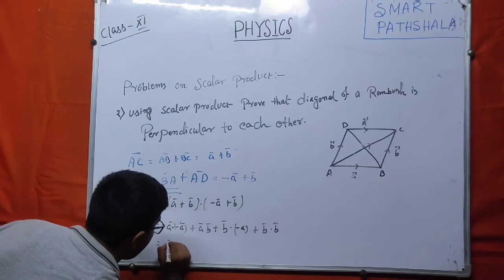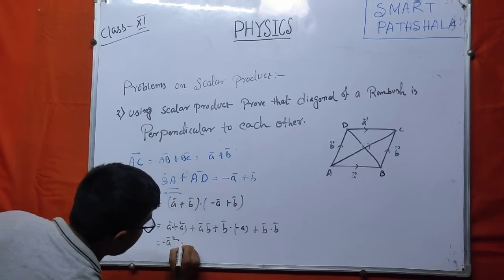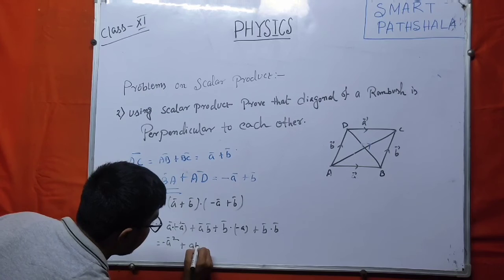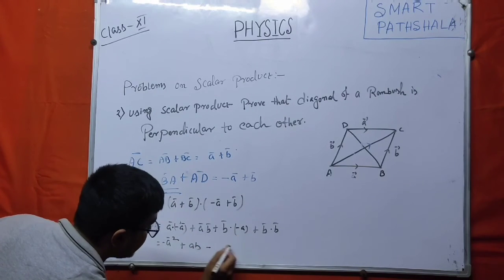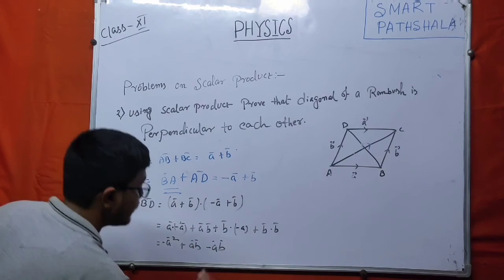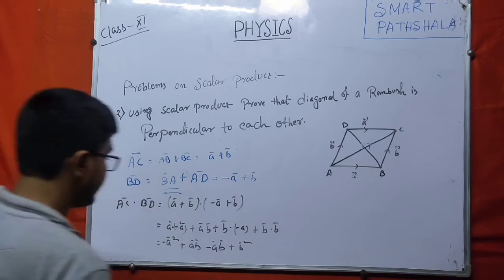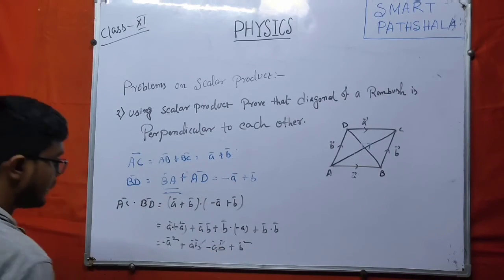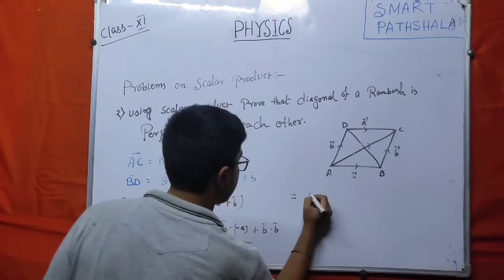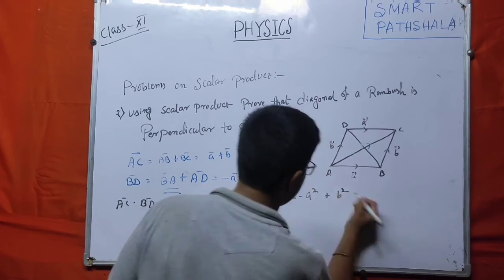Now minus A square plus AB minus AB. Now these two will cancel out and will give us minus A square plus B square.